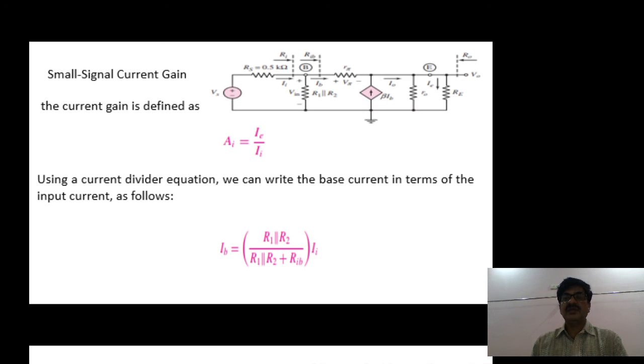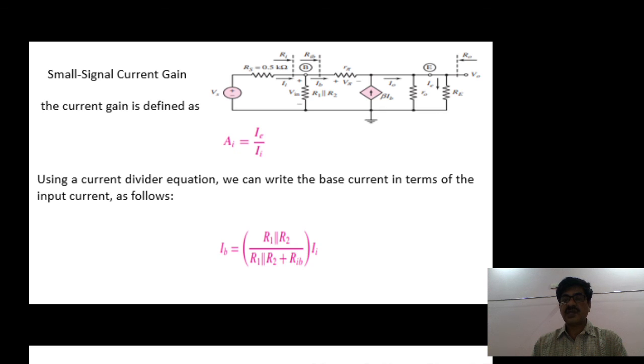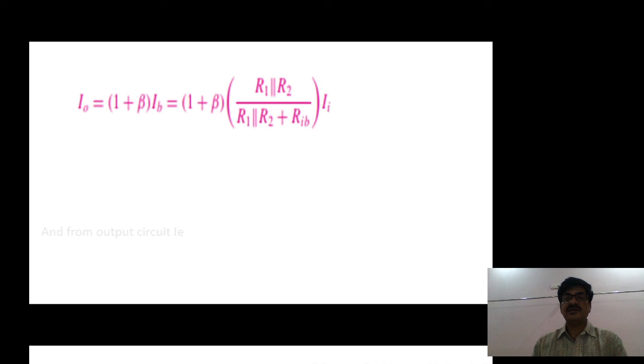Similarly, at the output, I0 equals 1 plus beta times IB, and IB we already derived. If you substitute this, I0 becomes like this, and from the output, IE equals I0 into R0 divided by R0 plus RE.